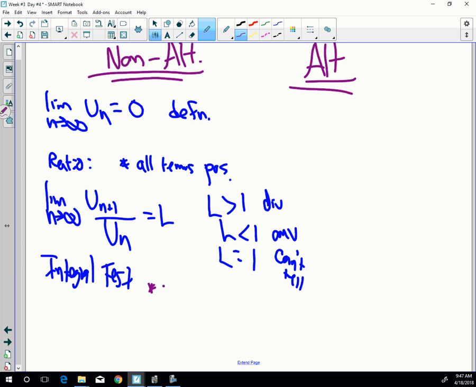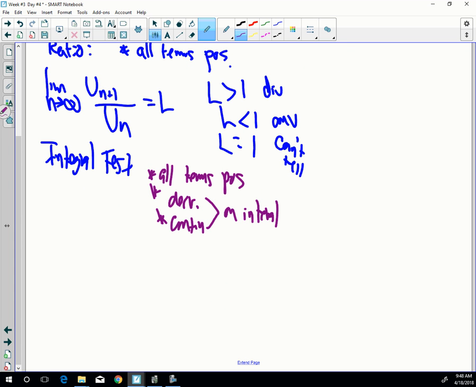One is all terms positive. You have decreasing and continuous on the interval. And then we take the integral from a to infinity of u of n dn. If it's equal to a constant, it converges. If it goes to infinity, it diverges.